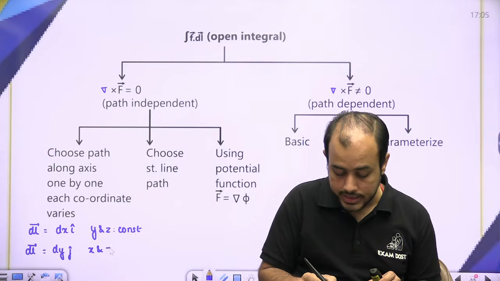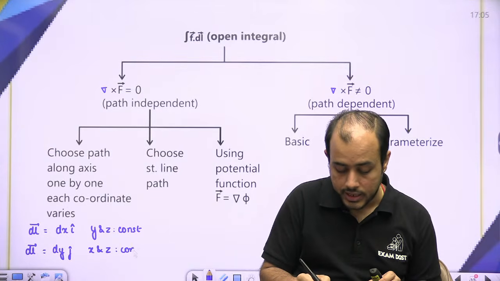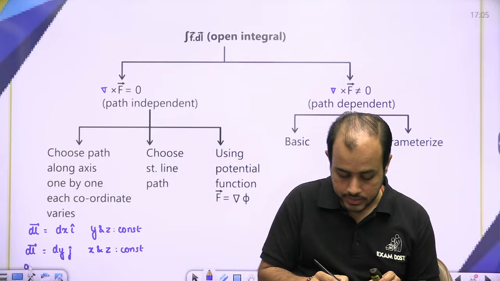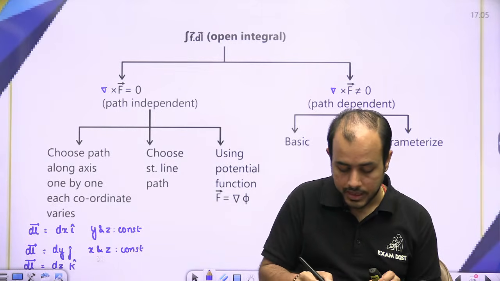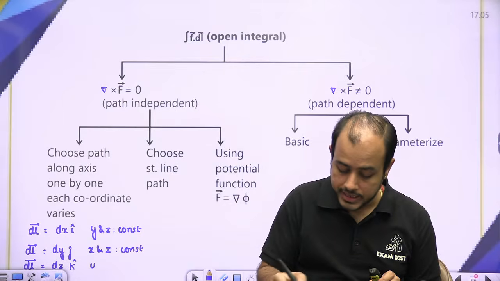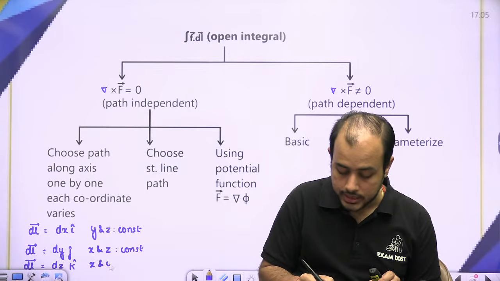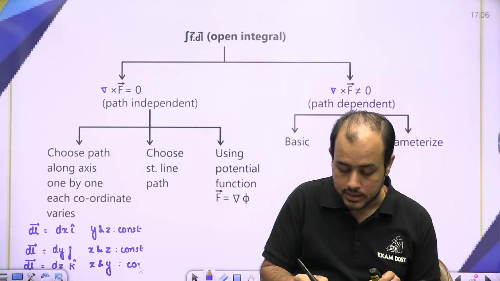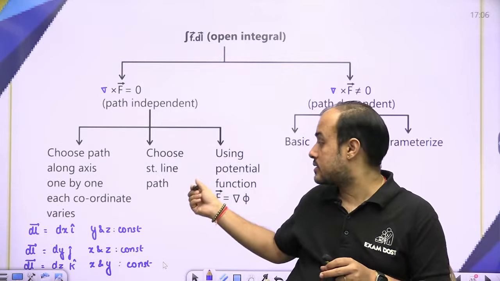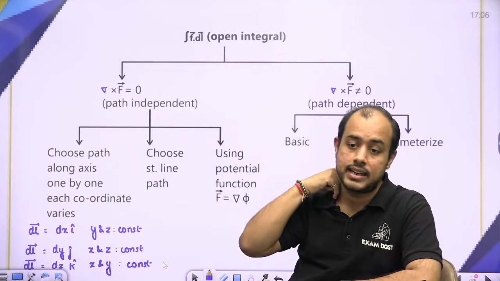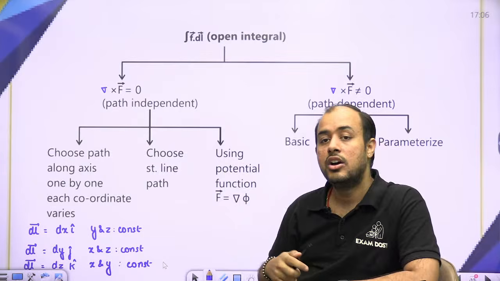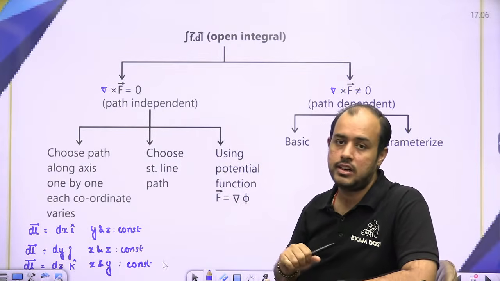So basically you are breaking one integration into 3. You can choose a path, right? Because beta it is independent of path, you are free to choose a path. Or you choose a straight line path that connects the initial and final point, or you use a potential function.